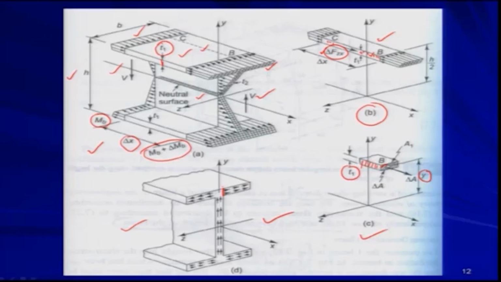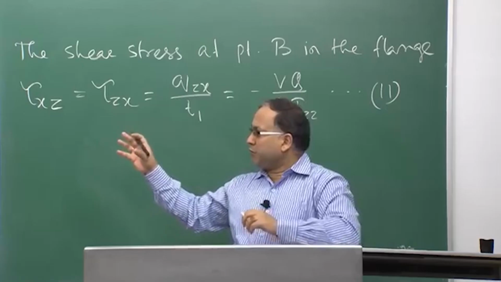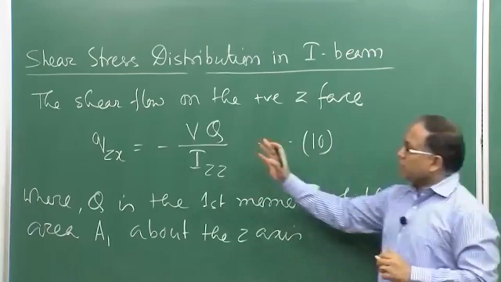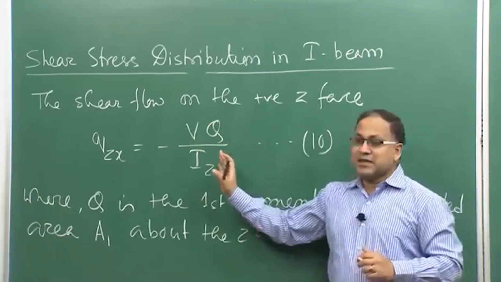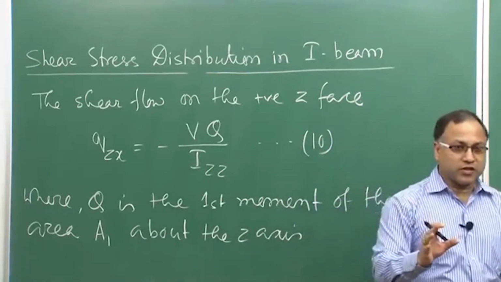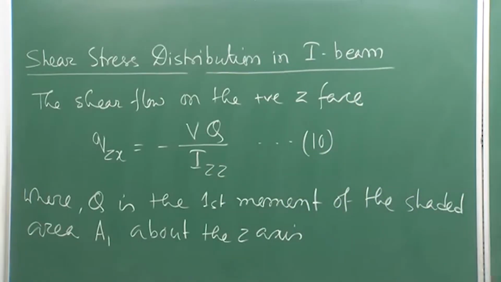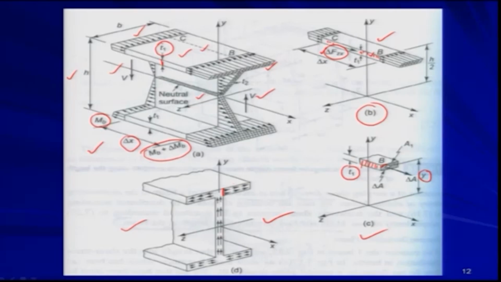Because if A1 is becoming maximum, then you will be getting the maximum amount of Q, because V is constant for that particular section, and Izz is constant for a particular cross section of the I beam. So, they are constant, and the only thing that varies is Q. Q becomes maximum at the junction, because then the whole area will be participating in calculating the magnitude of Q.